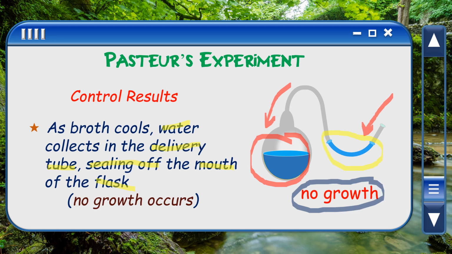Because of the blockage of the delivery tube by water, microorganisms could not enter into the broth. The broth remained sterilized and there was no growth of any organism there.